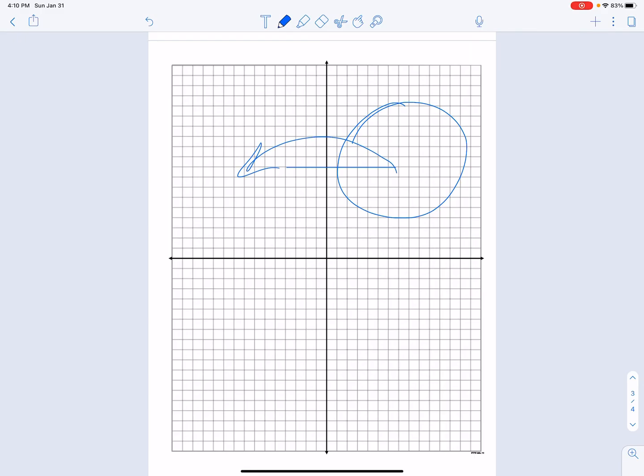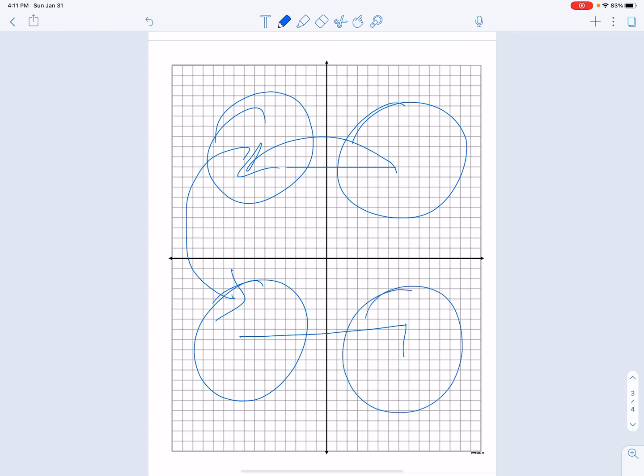Then the image in quadrant 2 is going to be rotated into quadrant 3. And then our image in quadrant 3 is going to be translated 17 to the right and 4 down, which will put it into this quadrant. So you should end up with an image in all 4 quadrants if you do it correctly.